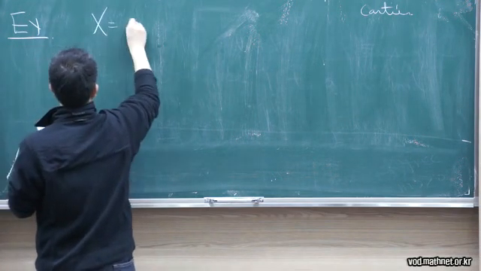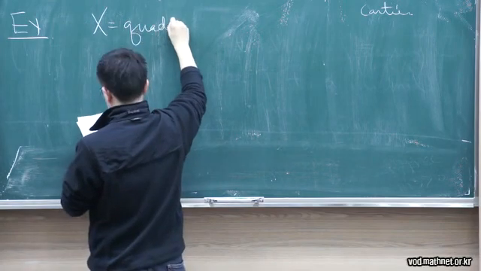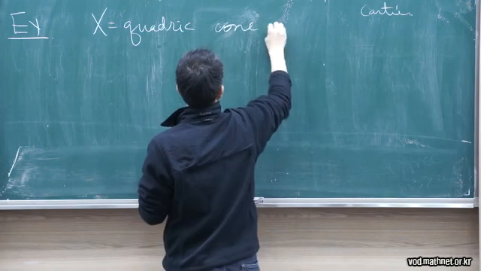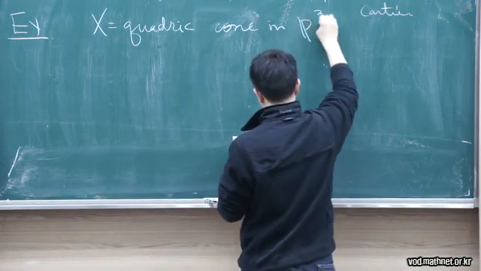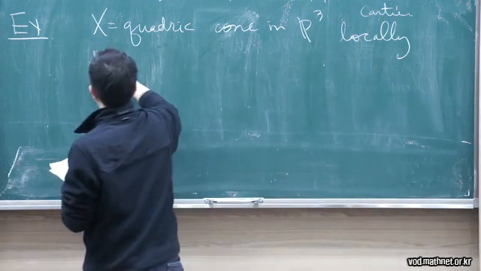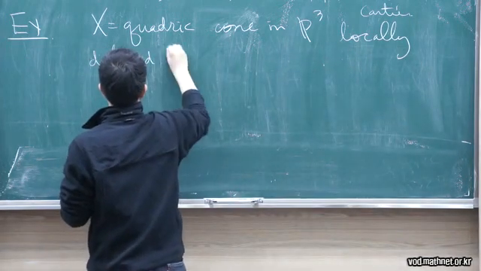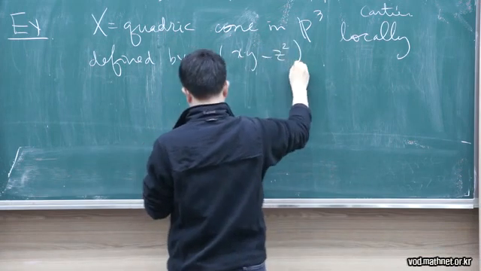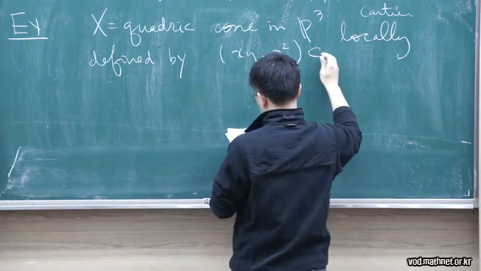Let's say X is a quadric cone in P^3, locally defined by xy minus z squared.